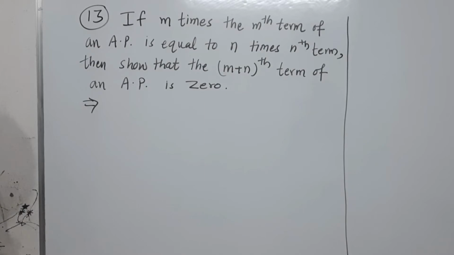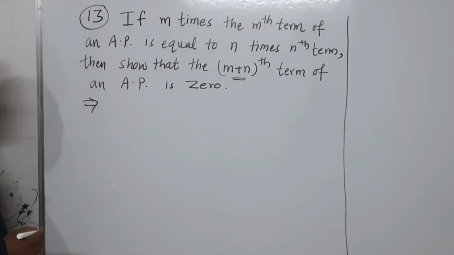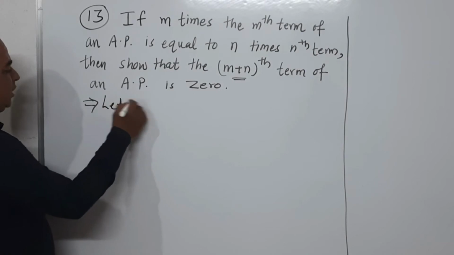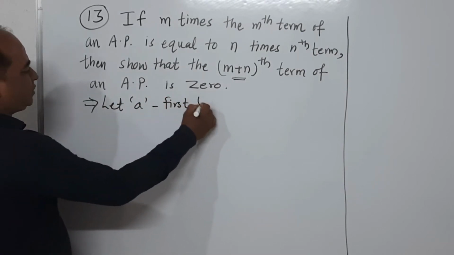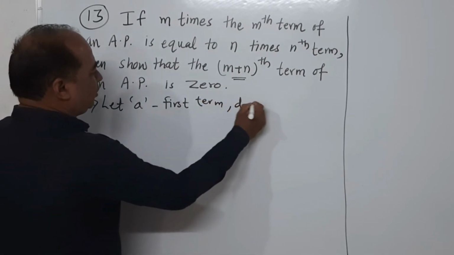13th example. If m times the mth term of an arithmetic progression is equal to n times the nth term of an AP, then you have to show that the (m plus n)th term of the AP is equal to 0. Let a be the first term of an AP and d be the common difference.